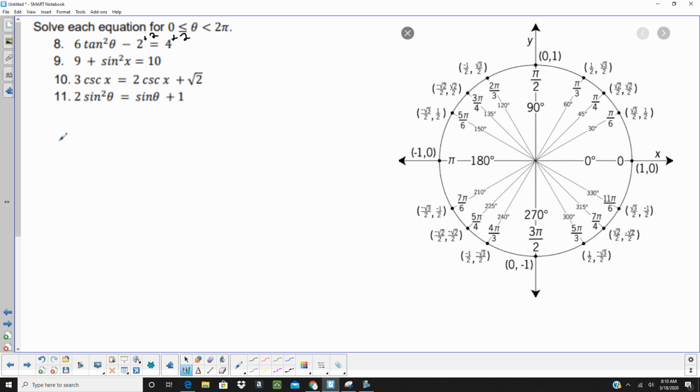And that's going to give me 6 tangent squared. Oops, forgot my theta. Theta equals 6. Divide both sides by 6. Tangent squared theta equals 1. Take the square root.